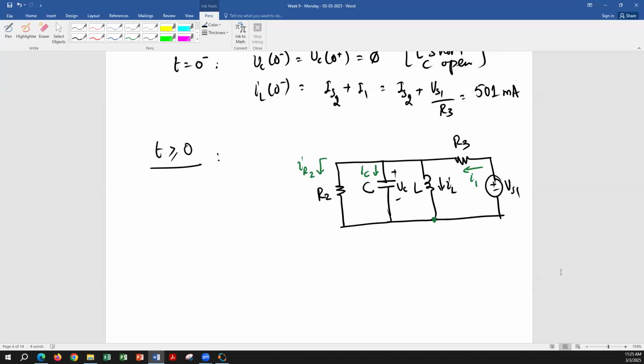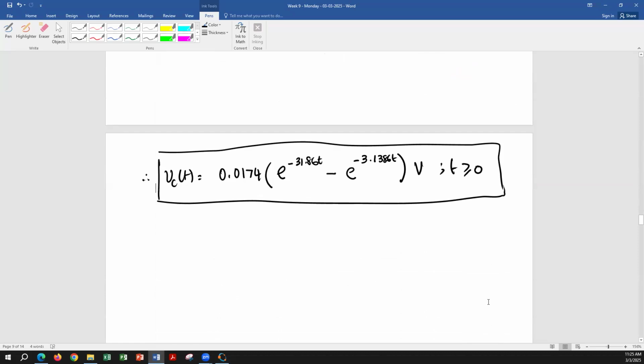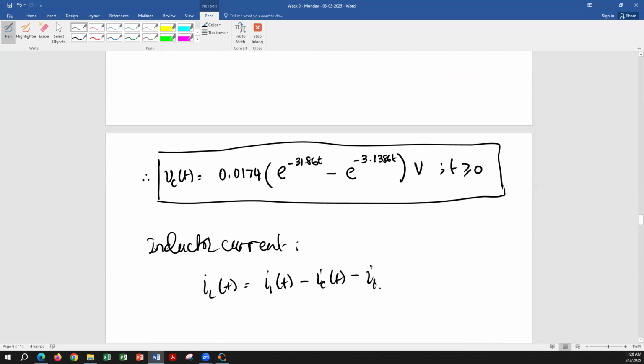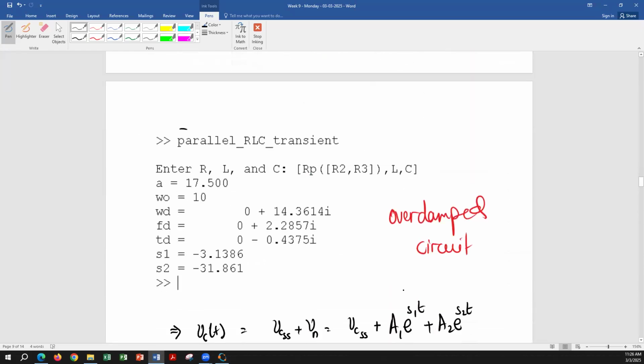Negative IR2, okay. Minus IC. So I1 minus IC minus IR2. That's IR2, right? What designation did I use? IR2, right?